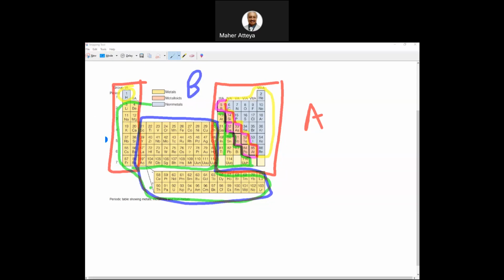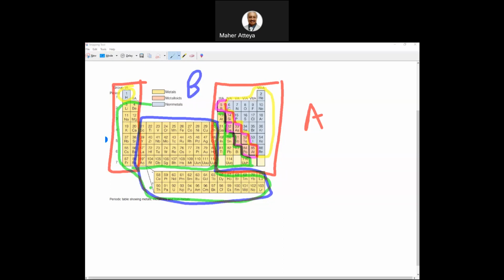Now the non-metals, on the other hand, are compressible. If I compress a non-metal, it will go from gas to liquid. If I compress further, it will come to powder. This is the characteristic of the non-metals.